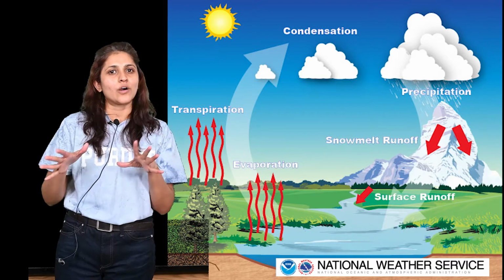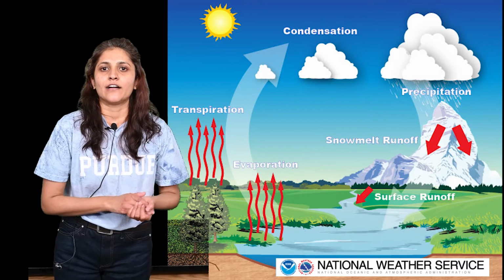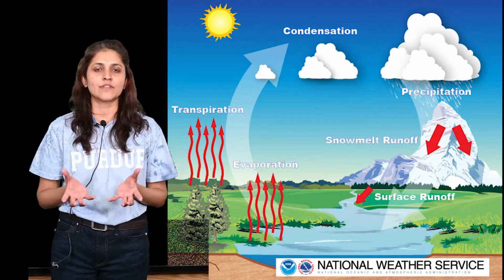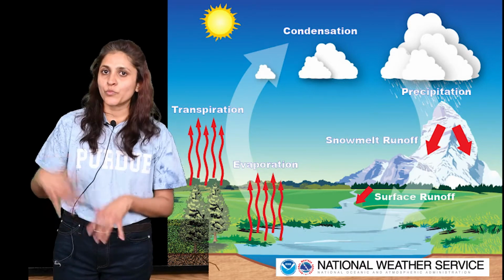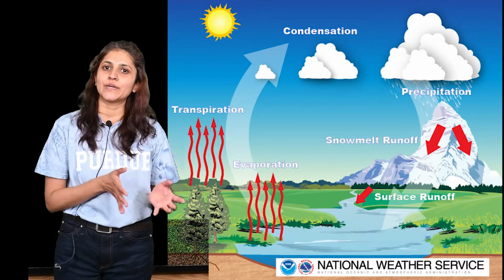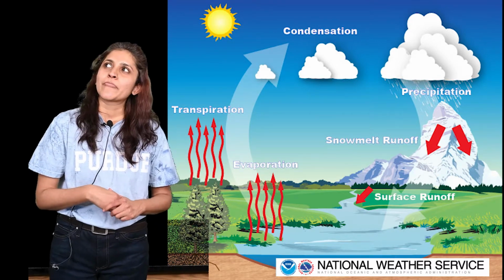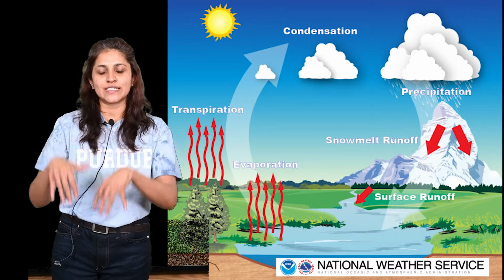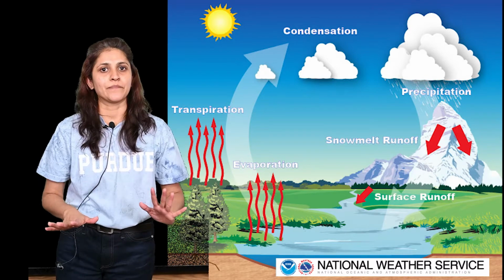These are all forms of storage of water, the sources of water available on the Earth's surface. As I said before, groundwater can be a much longer-lasting source of water compared to rivers, streams, lakes, and oceans, because once the water seeps into the ground, it remains there for a much longer time.